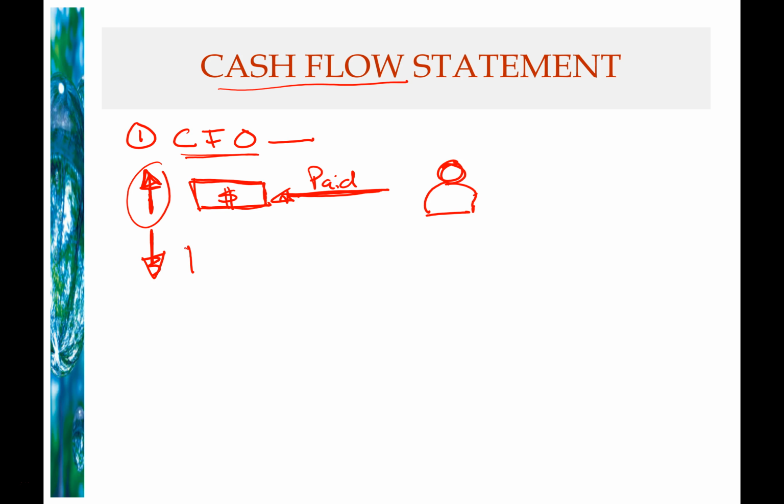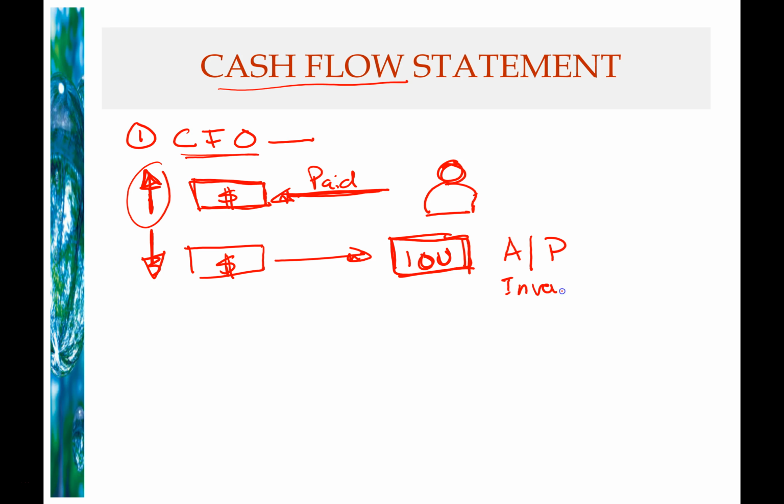What will make your cash decrease under this category? Your cash will decrease if you, as a business owner, pay your IOUs, right? If you pay your IOUs, then there'll be a decrease in your cash. And what might be those IOUs during the normal course of your business? It could be accounts payable, it could be you purchasing inventory, it could be any expense that is done for this business.